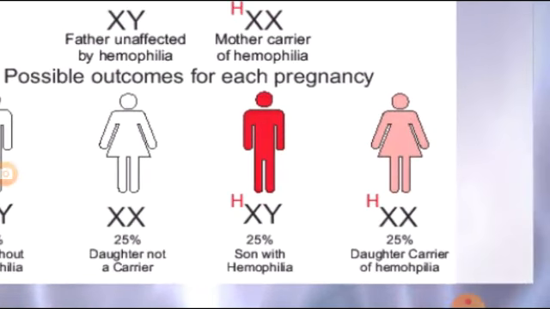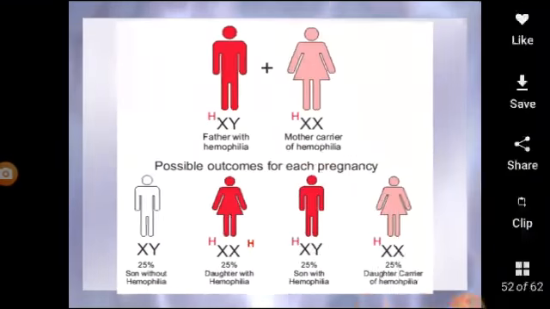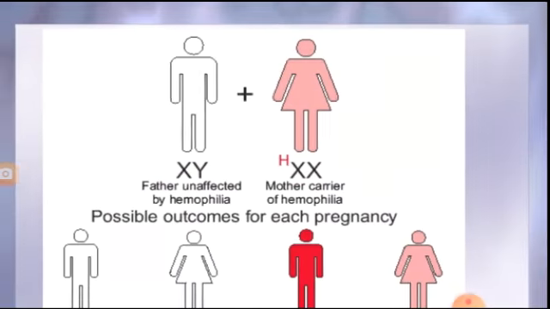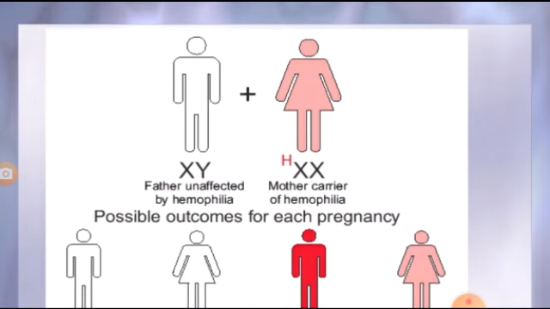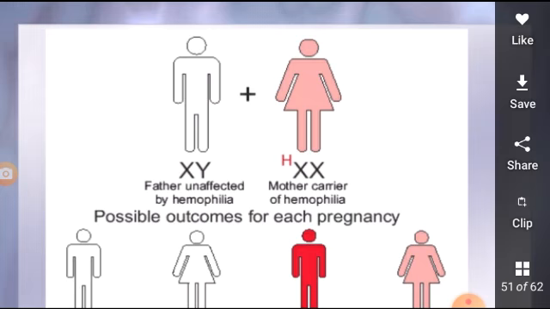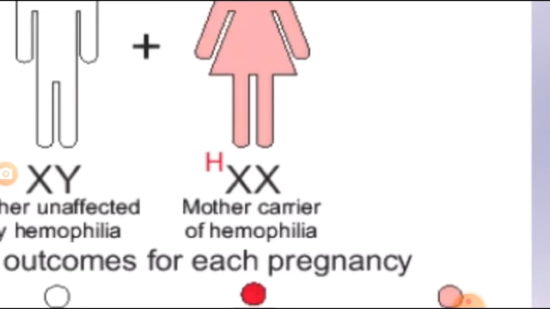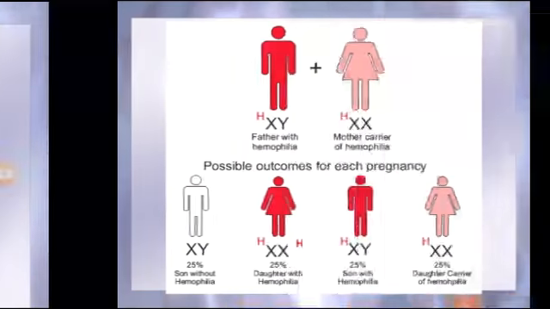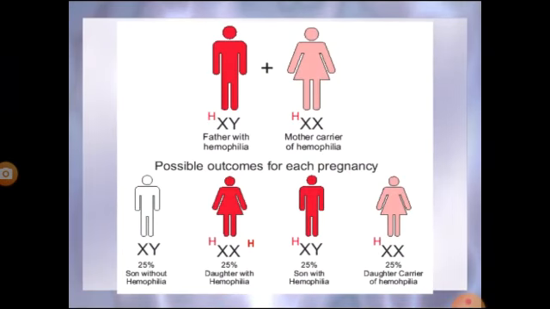The remaining 25% of sons will suffer from hemophilia, and 25% of girls will be carriers. So in the second case, when the father is unaffected and the mother is a carrier of hemophilia, that is the condition: 25% chances each.